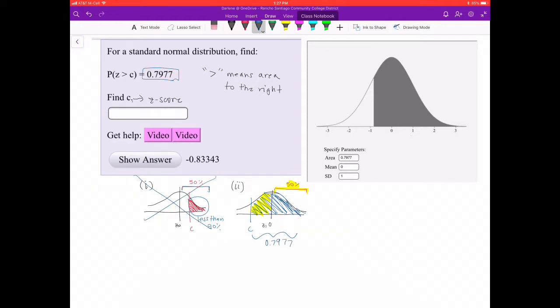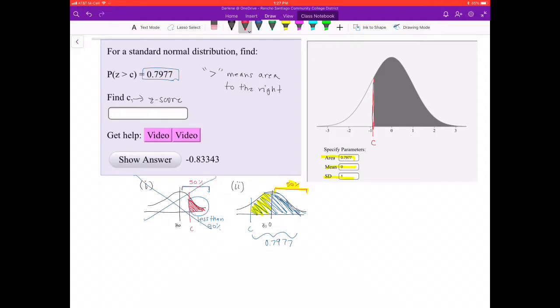So drawing it over here on the right, notice I put the area 0.7977 and I put the mean at a z-score of 0 and a standard deviation of 1. So here's c.